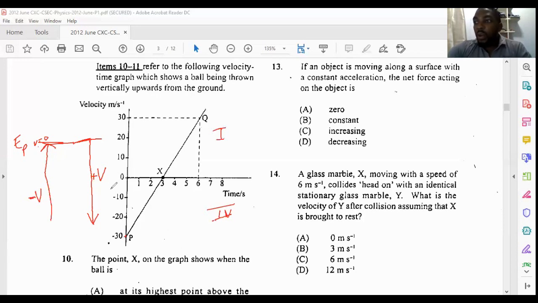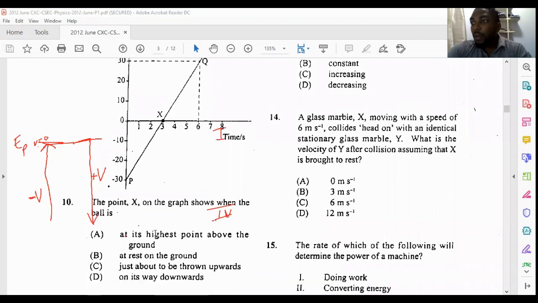So we want to understand what the question is now asking. The point x on the graph shows when the ball is what? The options are: A, at its highest point above the ground; B, at rest on the ground; C, just about to be thrown upwards; and D, on its way downwards.